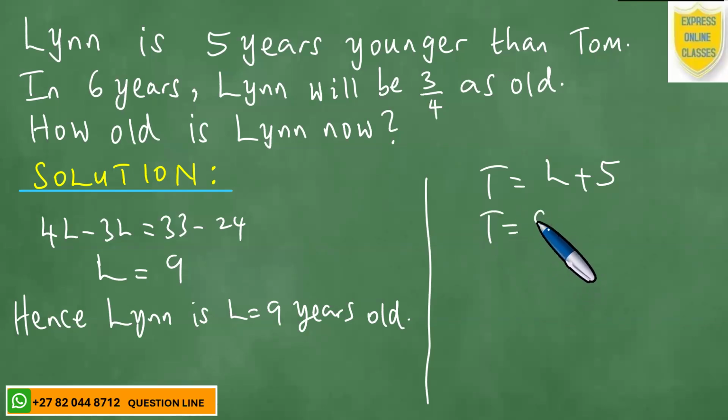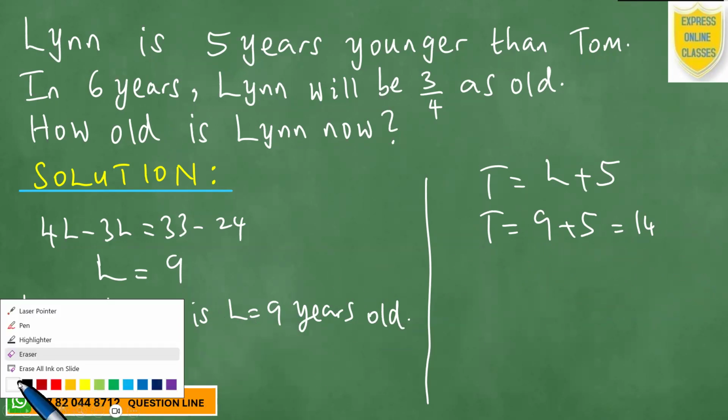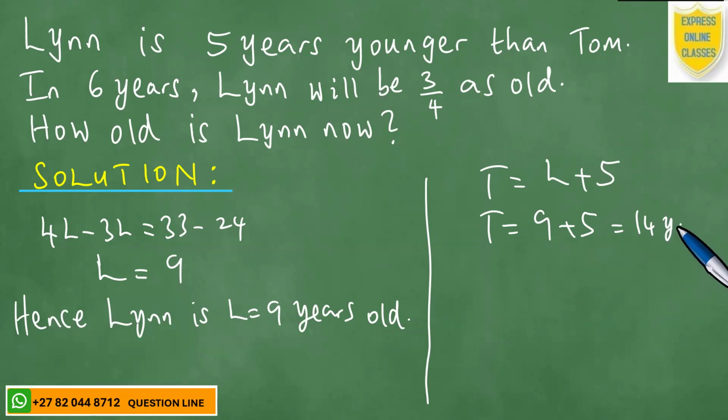Therefore, it's 9 plus 5, and the result is 14 years. So Tom is 14 years old now, and this one is 9 years old.